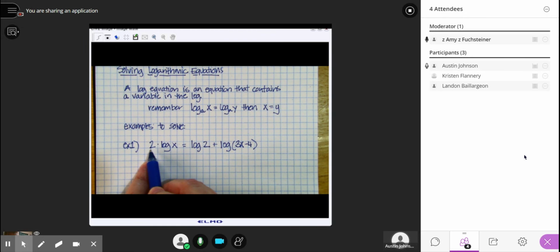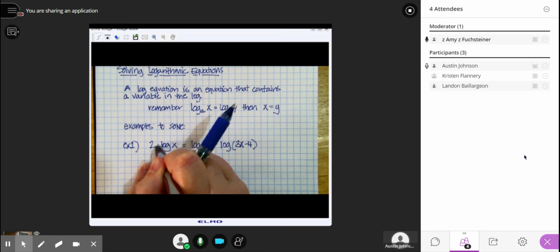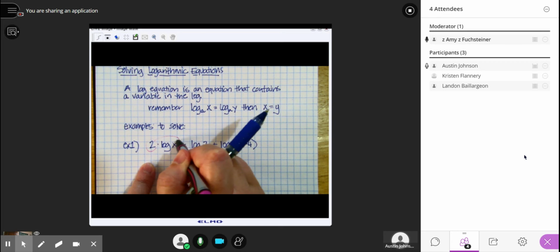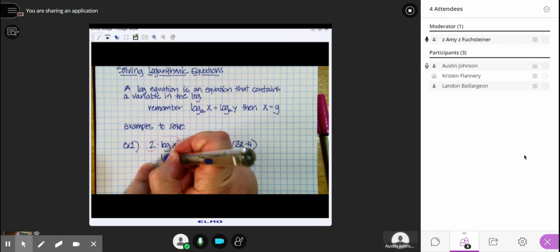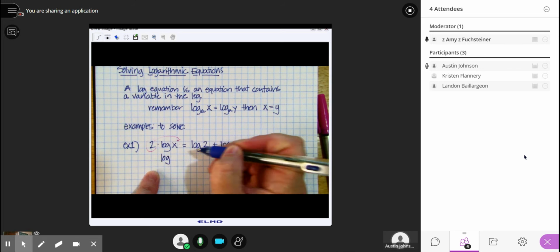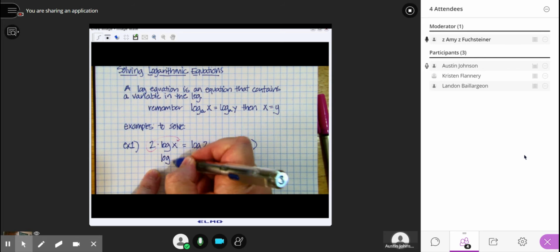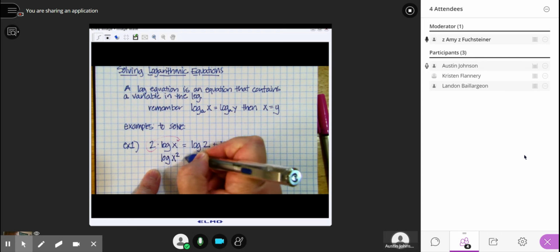Meaning, if I have 2 times log of x, what can I do with that 2 so it's just log of something? Yep. This 2 can go up as an exponent. So using the rules of logs to condense them, 2 times the log of x is the log of x squared.